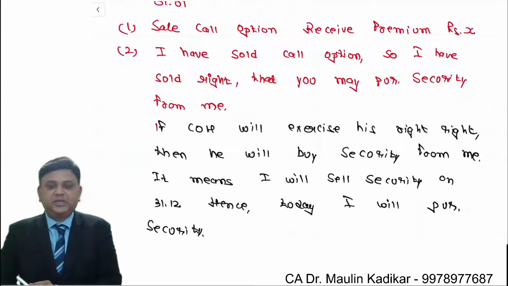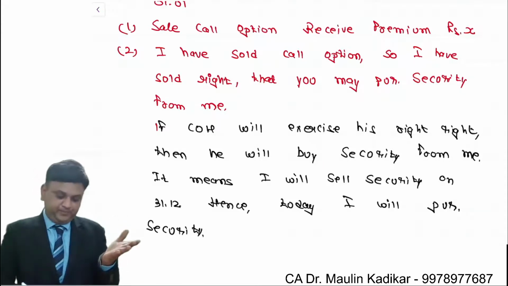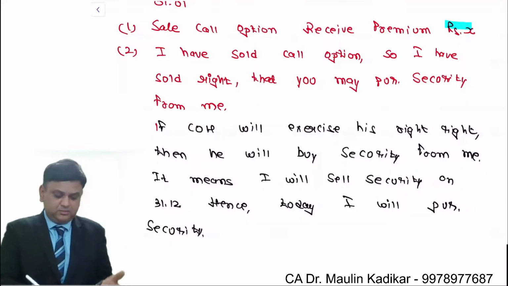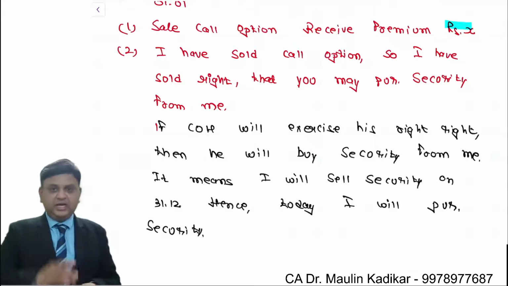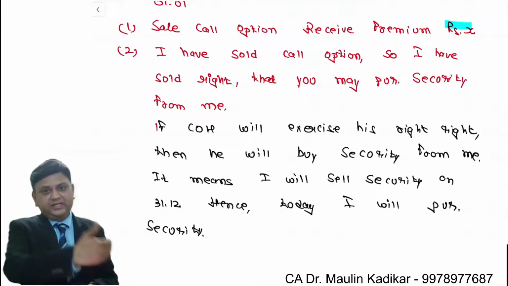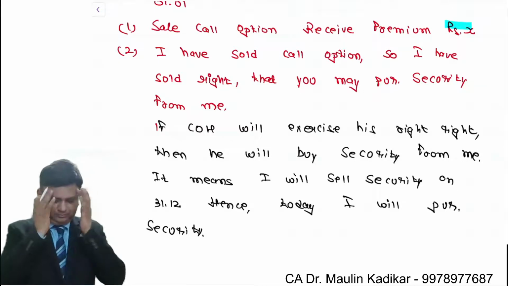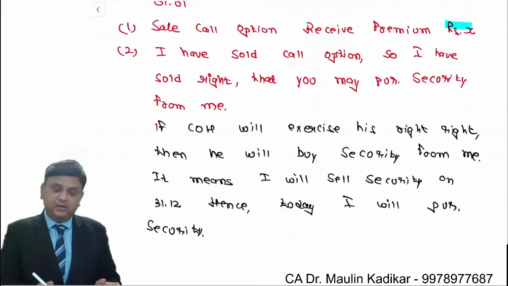Everybody is requested to pay attention. See, I have sold right, and on selling right, I received the premium of rupees X. I have sold right that you may purchase security from me.